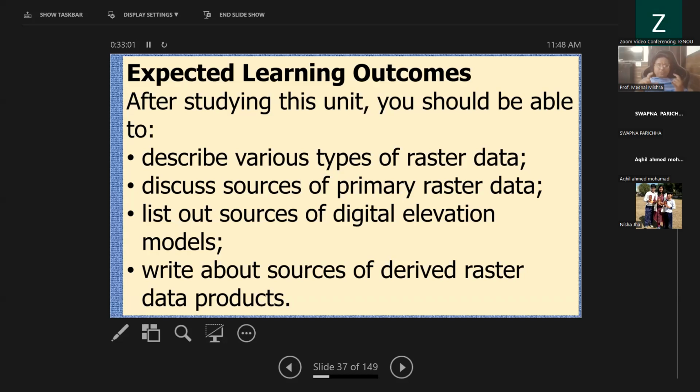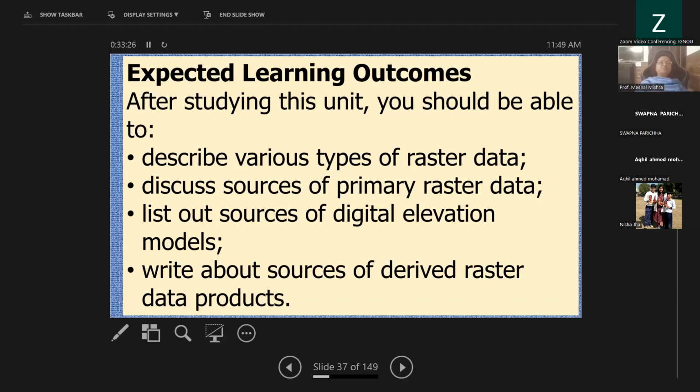Have I learned this? Have I understood this? So it is very pertinent for you all to go through the expected learning outcomes as well as the summary mentioned at the end. Don't think it is given only for the sake of mentioning in the unit. It has very strong pedagogical implications.